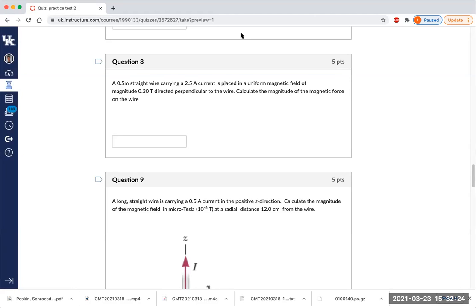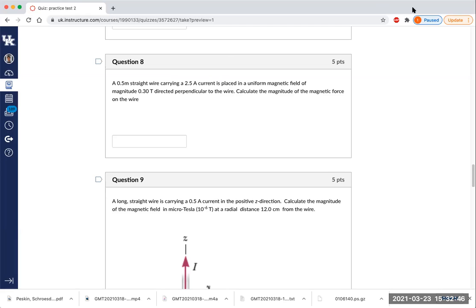Okay, question number 8 says we got a 0.5 meter straight wire carrying a current of 2.5 amps and is placed in a magnetic field of 0.3 Teslas. And the wire is perpendicular to the magnetic field. So what's the force on the wire?